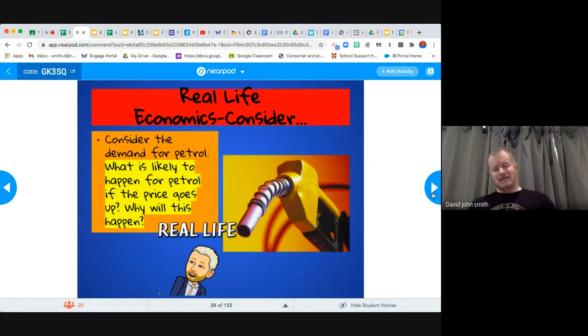Now, you also need to understand that in a lot of countries, governments will put taxes on petrol. Right? It's considered a demerit good because of the impact on the environment. So in real life, even though it's a product that you don't necessarily think about, petrol you might consider to be more inelastic.